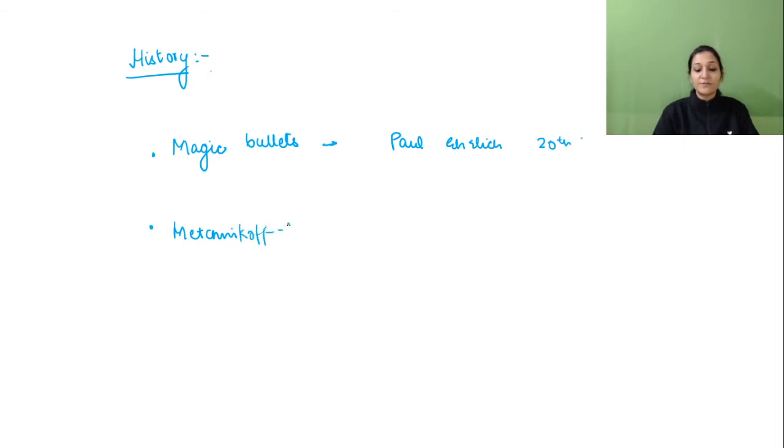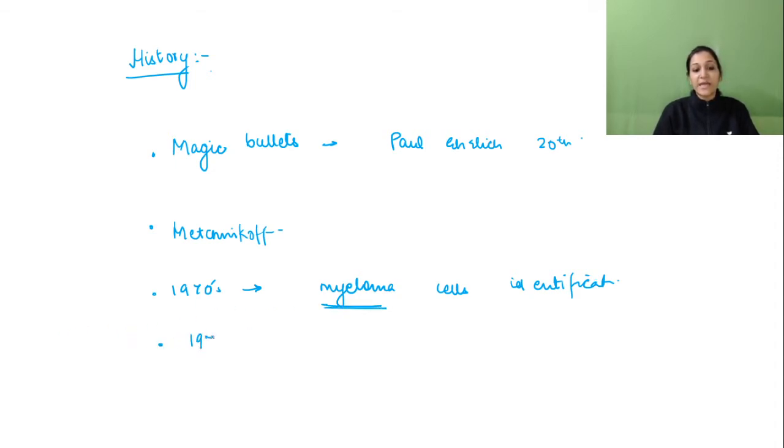After that, in the 1970s, the myeloma cell was identified, which is able to grow for an unlimited period of time; it has the quality of an unlimited life span.